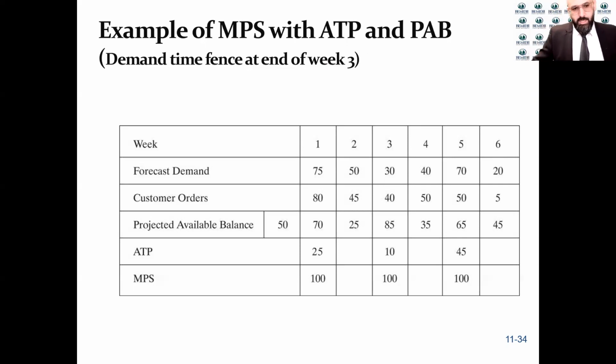Now for the available to promise, whenever there's an MPS, we have to calculate an available to promise. As you see, we have period 1, period 3, and period 5. So this is where you want to look into the available to promise. What are the orders here?